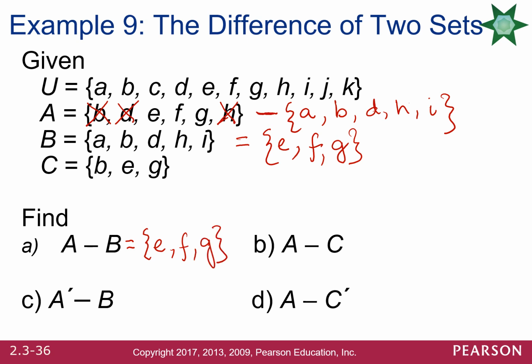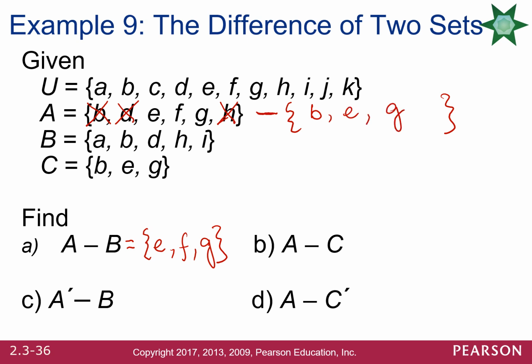How about A minus C? To work on A minus C, let me just erase and make space to work that problem. Here, I'm going to remove the elements of set B and put here the elements from set C, B, E, and G, correct?